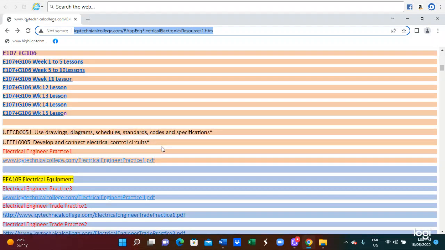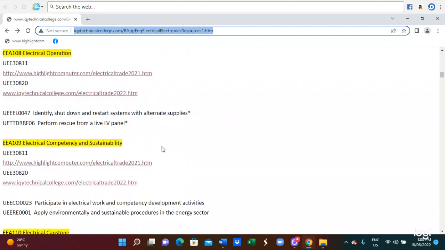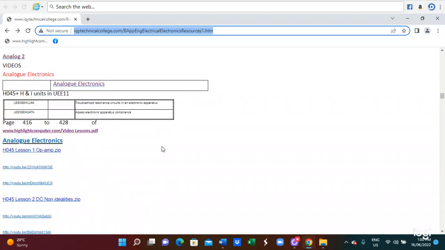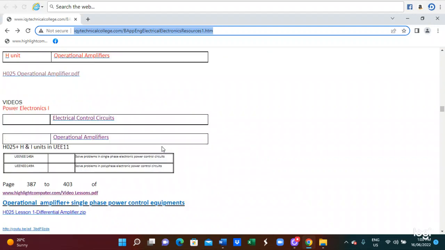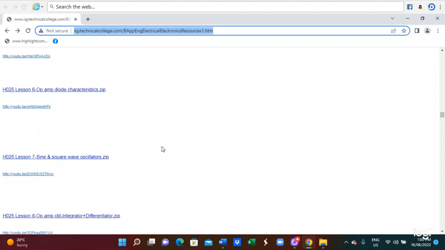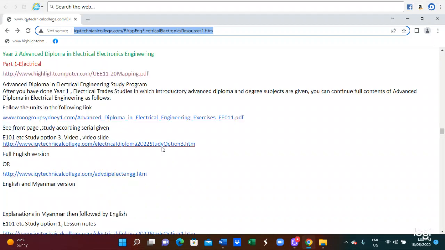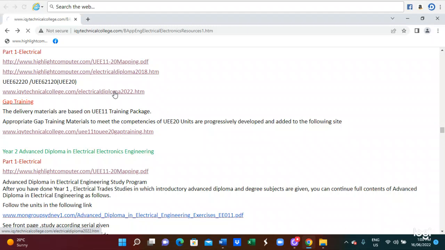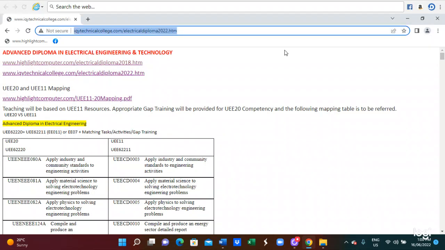This is the advanced diploma electrical website. Then click on the iCorridor select electrical diploma 2022.htm.